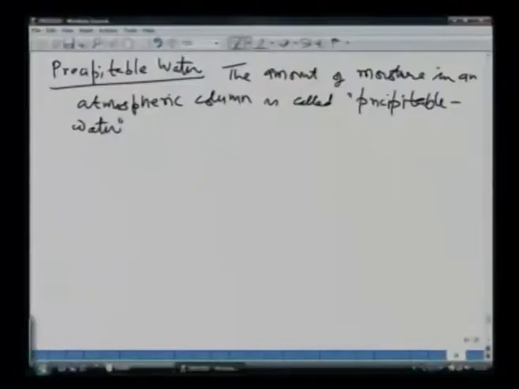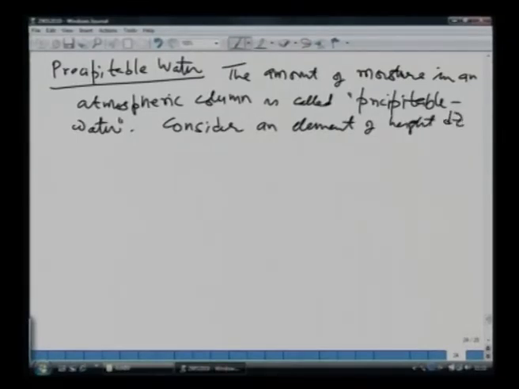So, what we do is we consider an element of height dz like we had done earlier, in a column of cross sectional area A. So, it is the same thing.